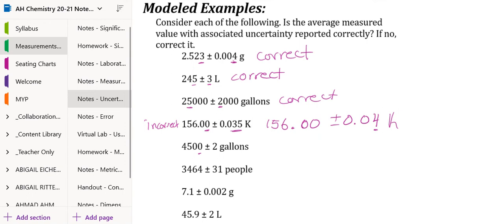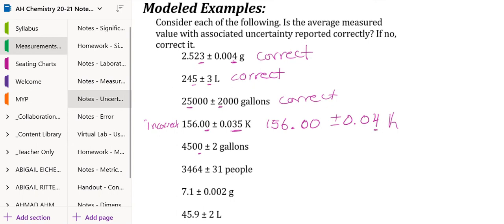Just looking at this problem, we don't know where it went wrong, right? It could be that the person reporting the measurements didn't report the measured value with the correct significant figures, or they didn't know how to report uncertainty. So the best we can do, we can't make up significant figures, right? All we can say is, based on that 4,000, it looks like the number has 2 significant figures.